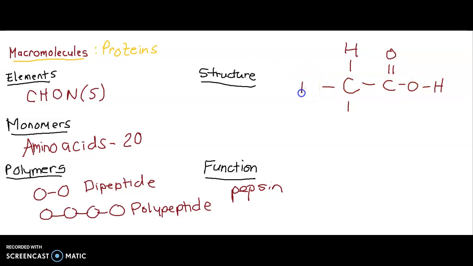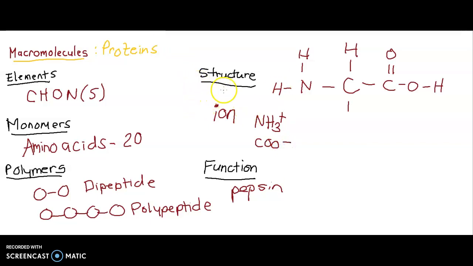On the other side, we have the amine group, which you should recognize as NH2. It is worth mentioning that both the amine group and the carboxyl group can ionize in an aqueous solution. So in a water solution, these become charged. So you might see this written as NH3 plus and COO negative.